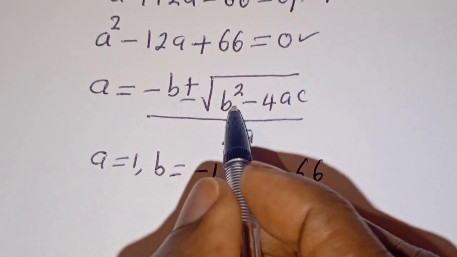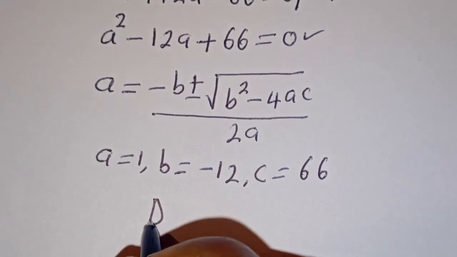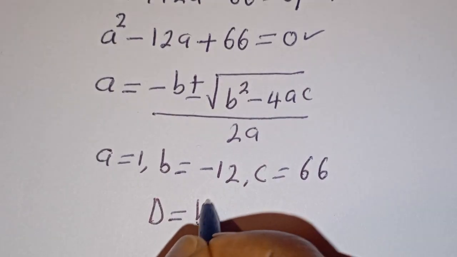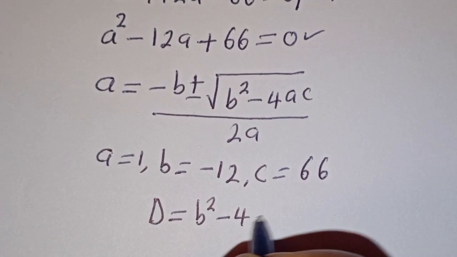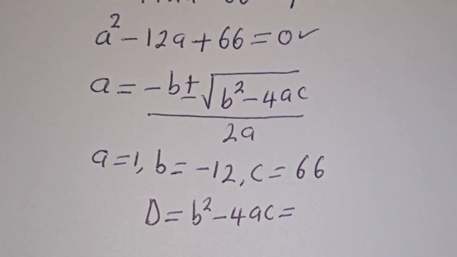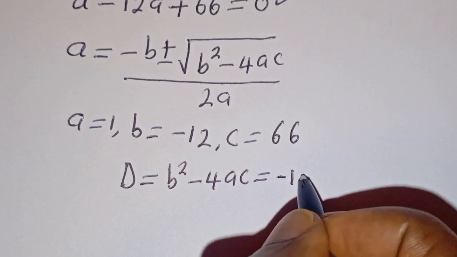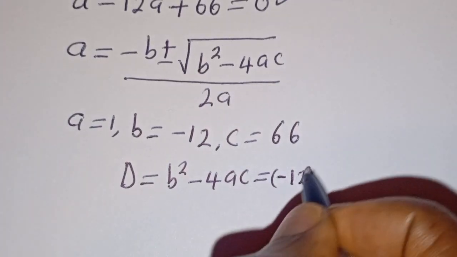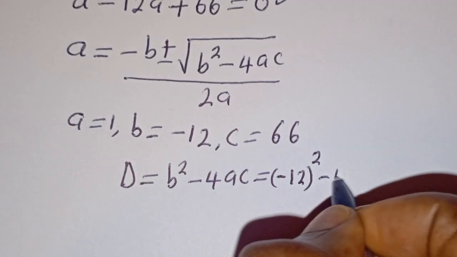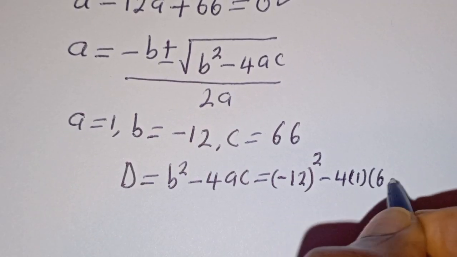Then here we have b square minus 4ac, which is the discriminant. D is equal to b square minus 4ac. This is equal to b square, that is minus 12 square, minus 4 multiplied by 1 multiplied by c, which is 66.